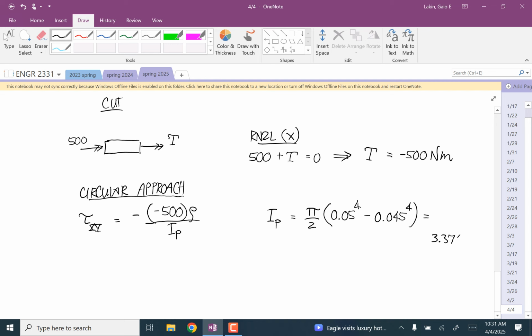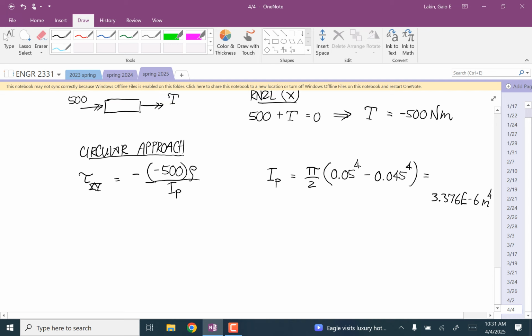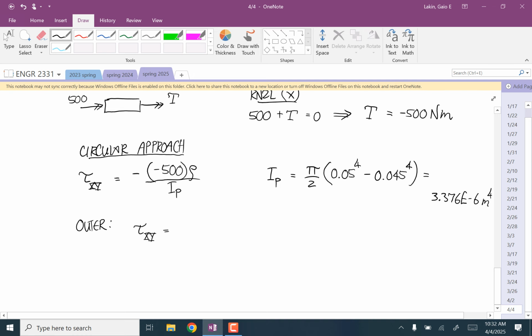3.376 times 10 to the minus 6, and this is meters to the fourth. And so at the outer point, tau xy is 500 times 0.05 divided by 3.376 times 10 to the minus 6.